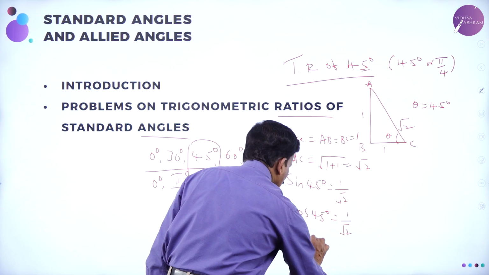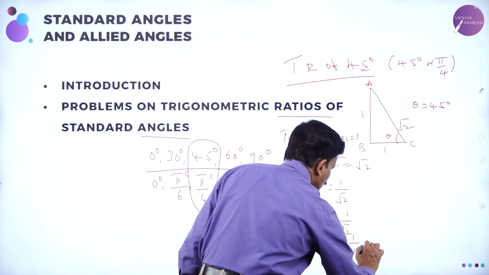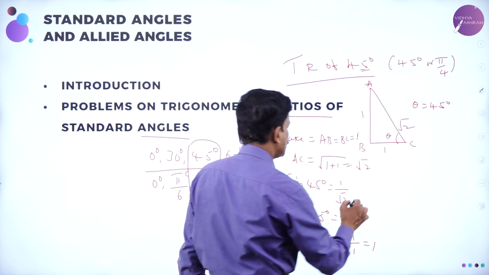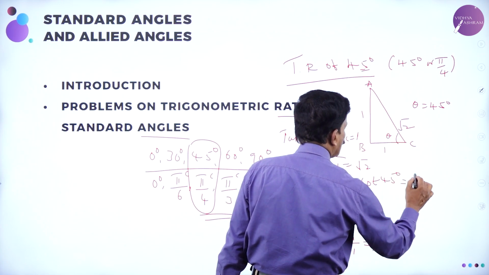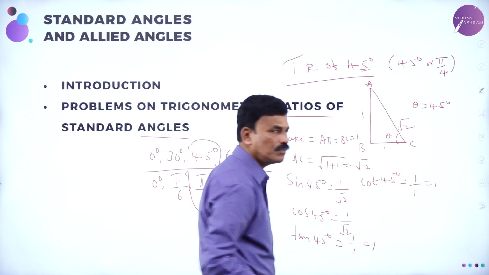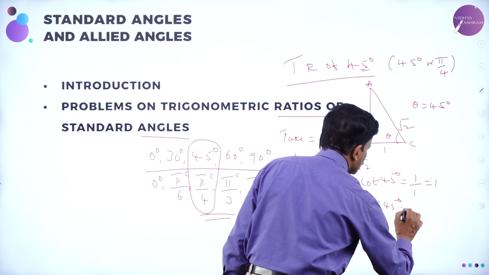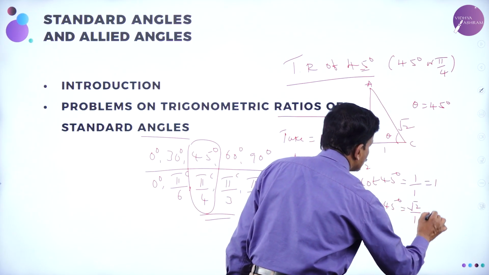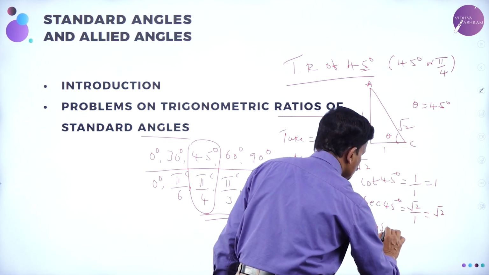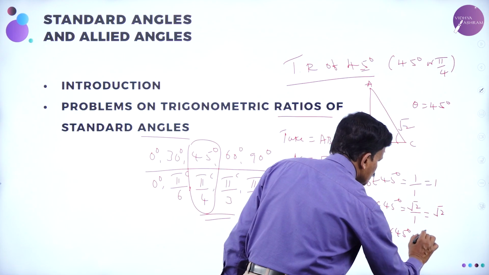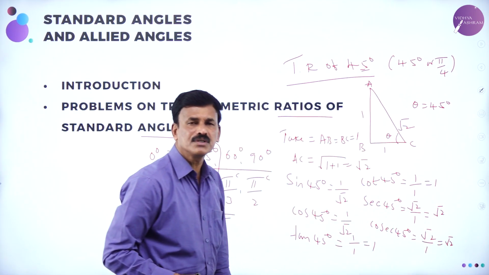Tan 45 degrees is opposite by adjacent, 1 by 1, which is 1. Similarly, cot 45 degrees is adjacent by opposite, 1 by 1, which is 1. Secant of 45 degrees is hypotenuse by adjacent, root 2 by 1, which is root 2. And cosecant of 45 is hypotenuse by opposite, root 2 by 1, which is also root 2.